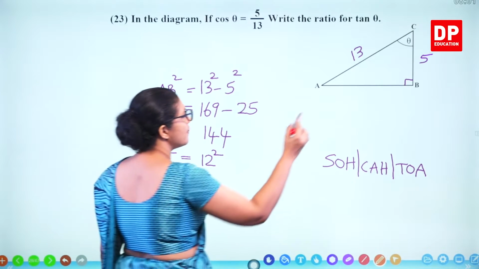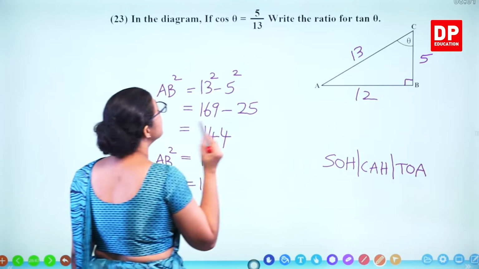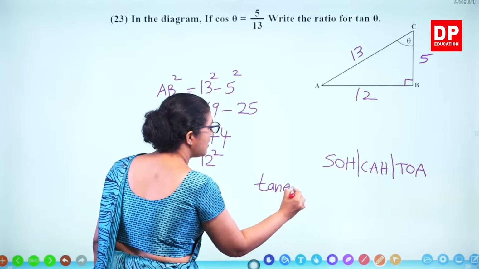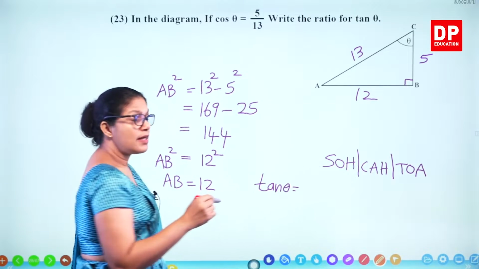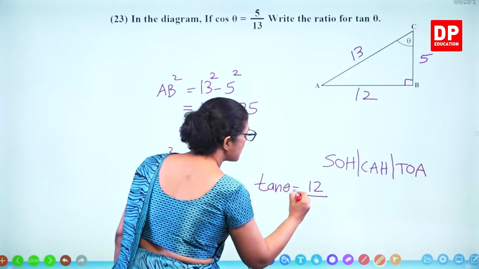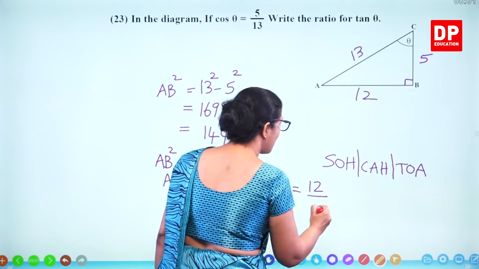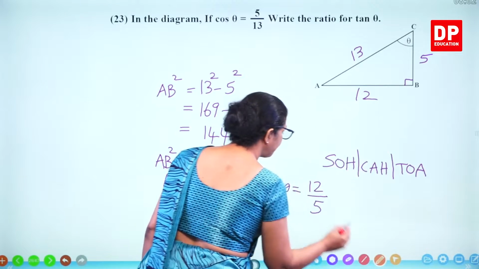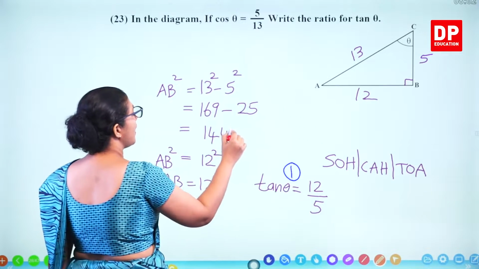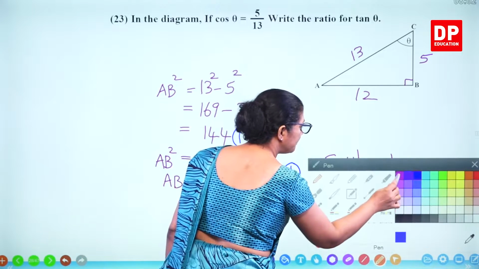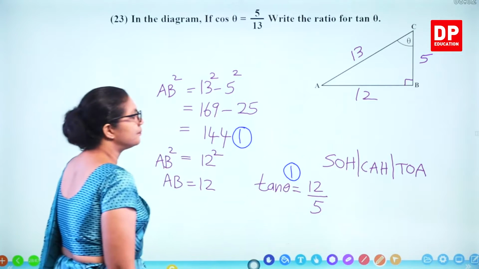So this is 12. So what's the tan ratio? Tan theta is opposite over adjacent. Opposite to that is 12. Adjacent is this side, 5. So that's the correct ratio. 1 mark and 1 mark to identify the AB length.